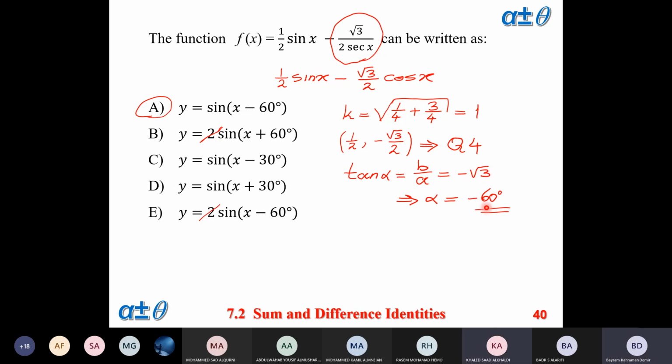Negative 60, of course. Shabab, we have already done these things. If you forget, please go back to chapter 5 and remember them again. So we have k is 1 and alpha is negative 60. So the correct answer is A.